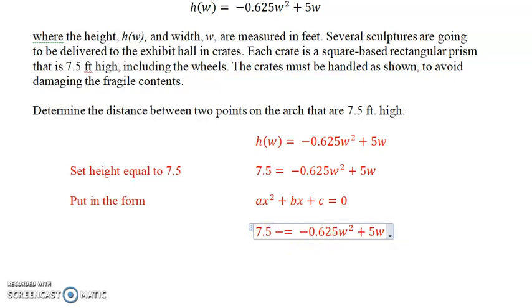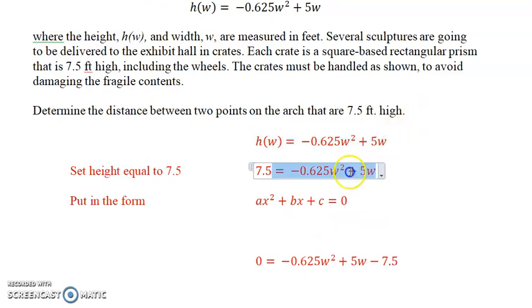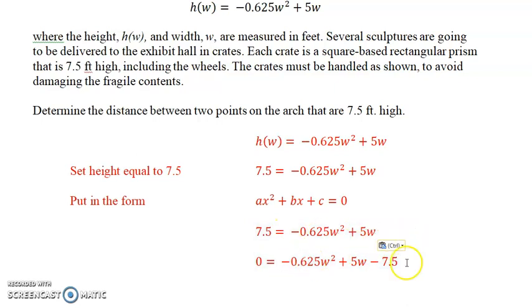We're going to subtract 7.5 from both sides. That's the easiest way to do this one by the looks of it. Subtract 7.5 from both sides. That will make that 0. So we subtract the 7.5 from both sides, and this is what we get.